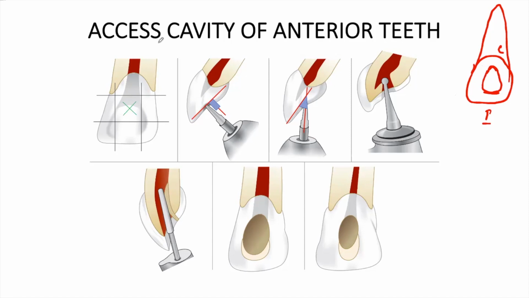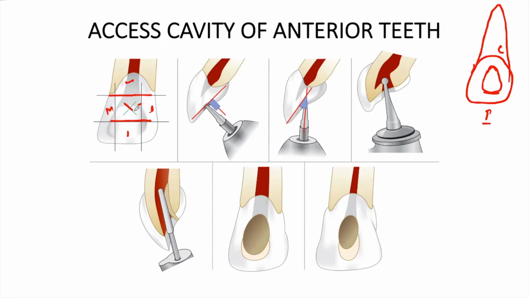Now the question is, how do we achieve the access cavity preparation of anterior teeth? See, the initial point of burr entry is the middle of the middle third. As you know, we divide the crown into three parts: this is cervical, middle, and this is incisal. This is mesial, distal, and this is middle.